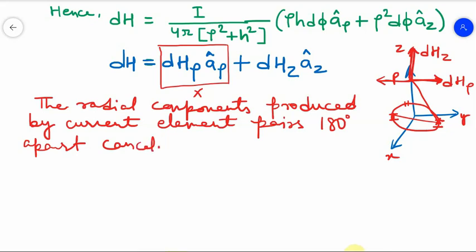Fine. So contributions along this a rho add up to 0. So now if we want to determine this H, this dH can be determined.